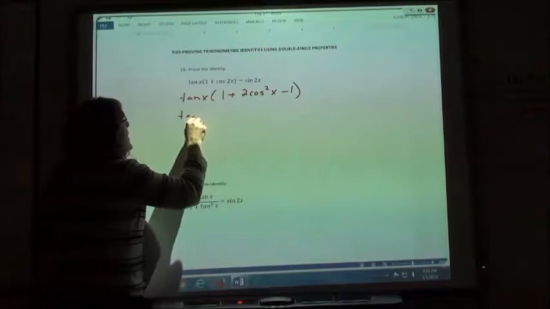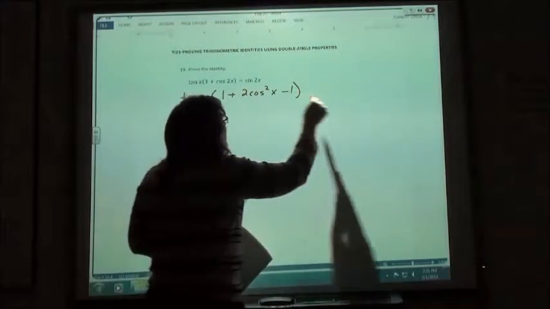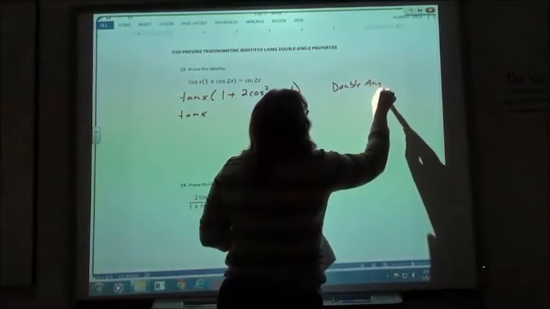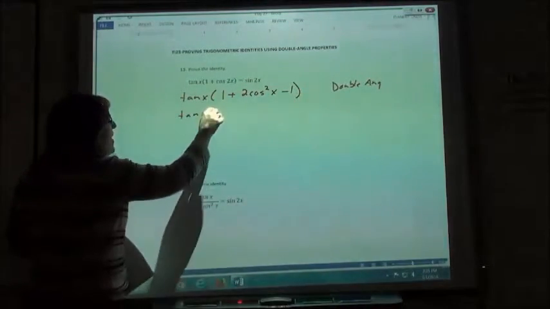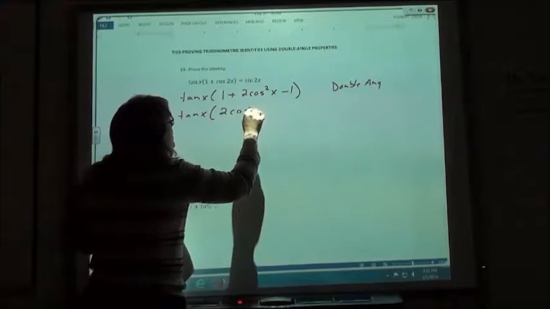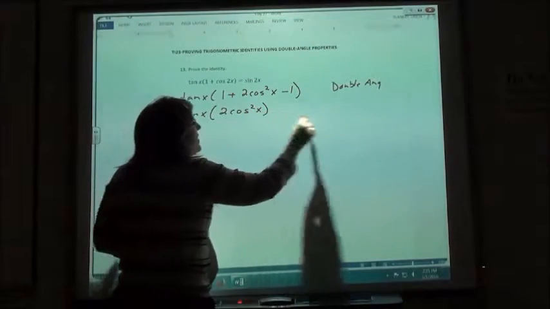And so I'm going to have tangent of x. I better put my rule, double angle. So I have tangent of x, 1 minus 1 is going to cancel out, so I have 2 cosine squared of x, and that's just algebra there.